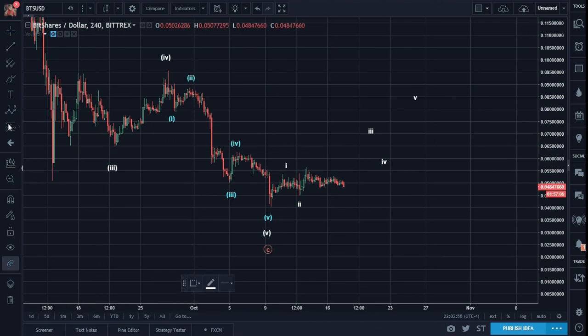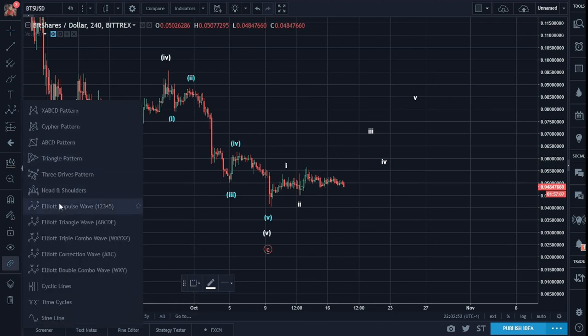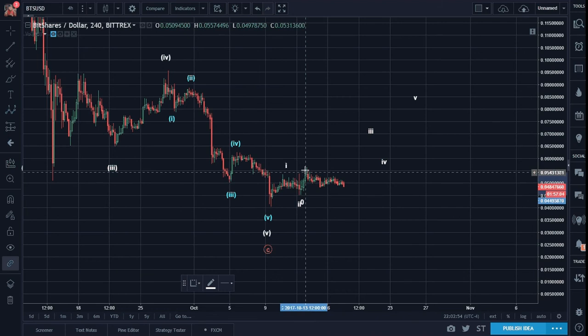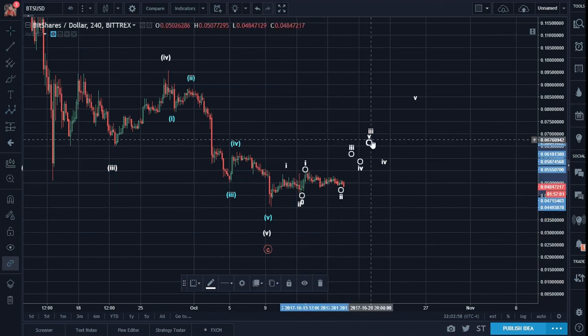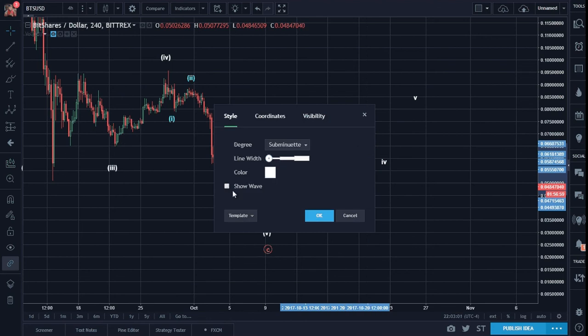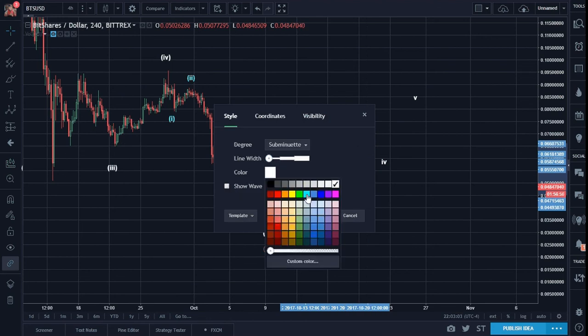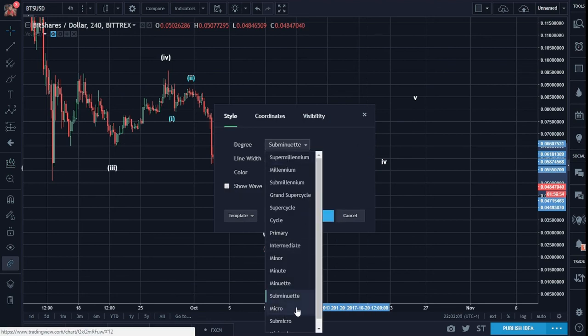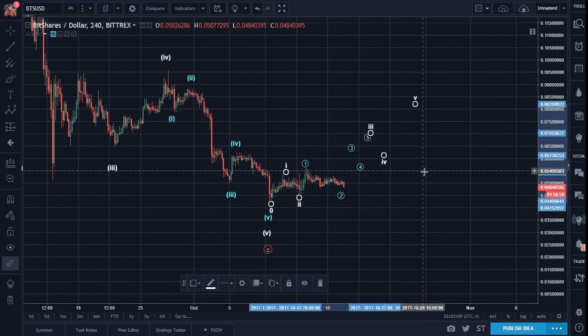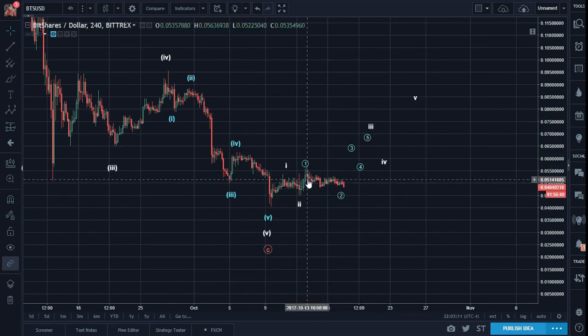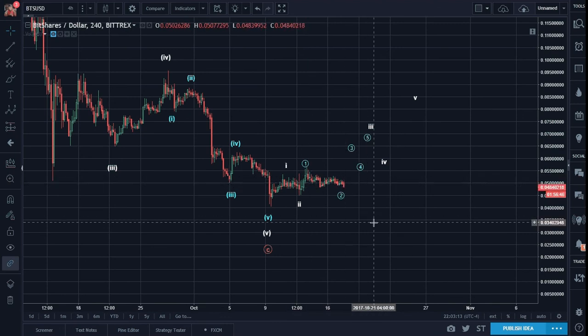So you're looking at a 1, 2, 1, 2 as a nested event, like that. 2 being very extended.